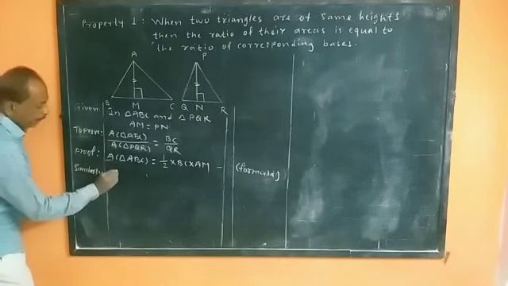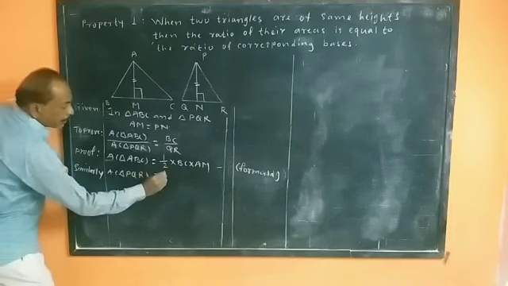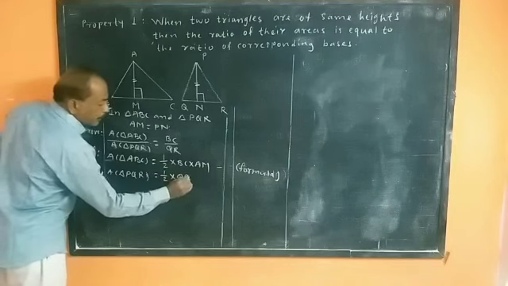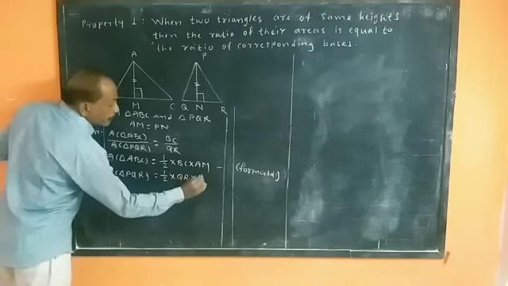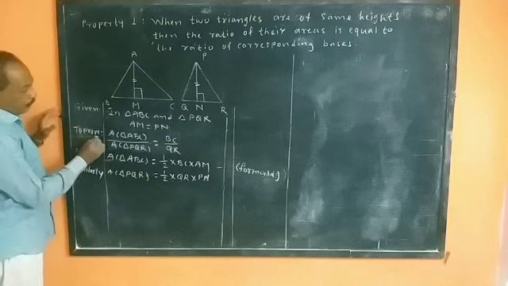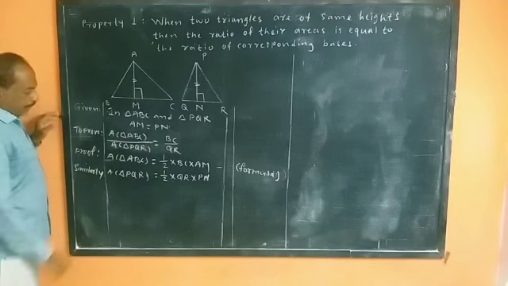Similarly, area of triangle PQR equals 1/2 into QR into PM. Here to prove the ratio of the areas of these triangles.